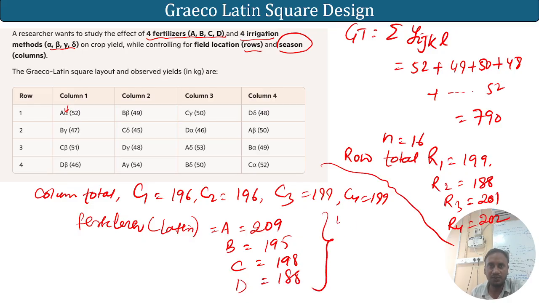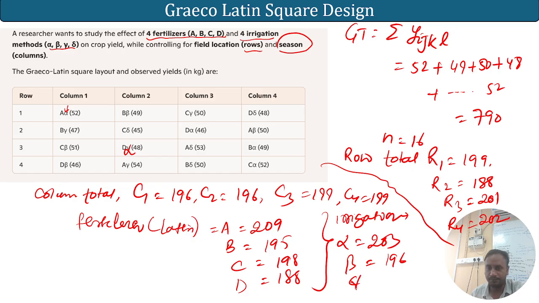Now we'll go with the irrigation. Alpha: 52, 48, 46, 49, it will come to somewhere around 203. Beta will come 196.